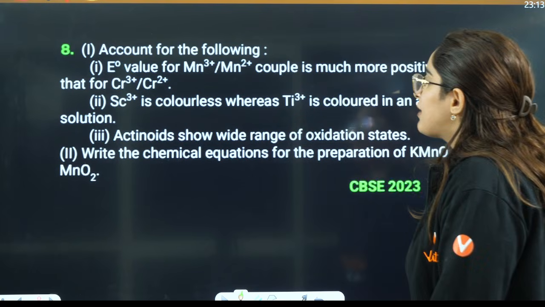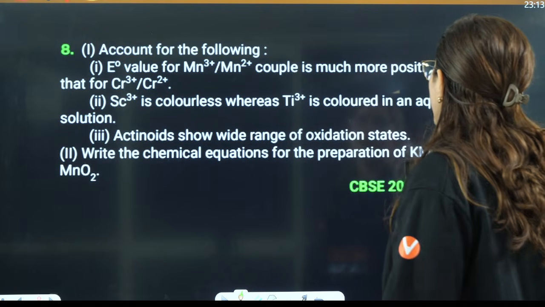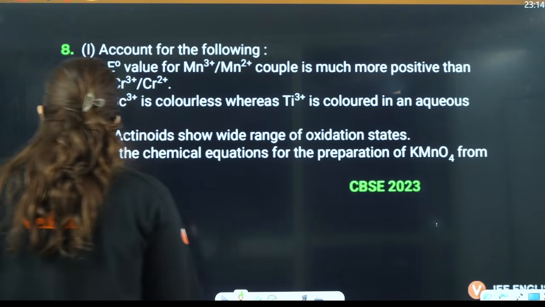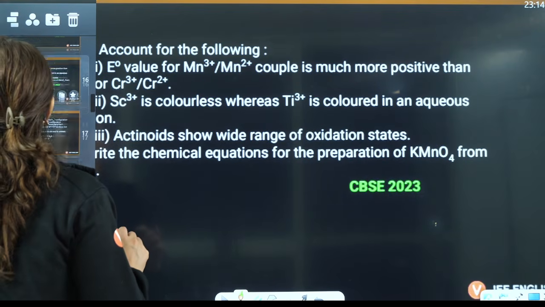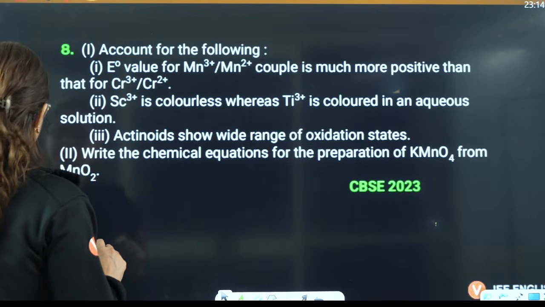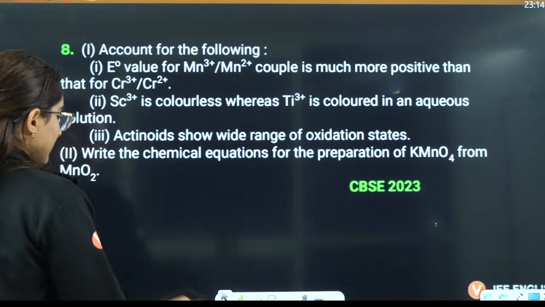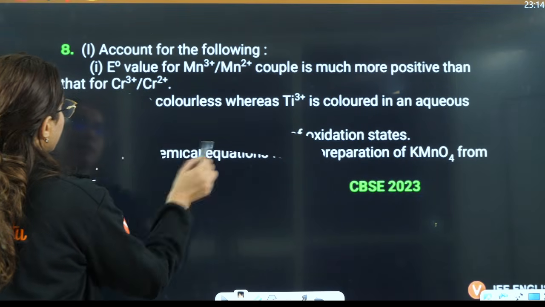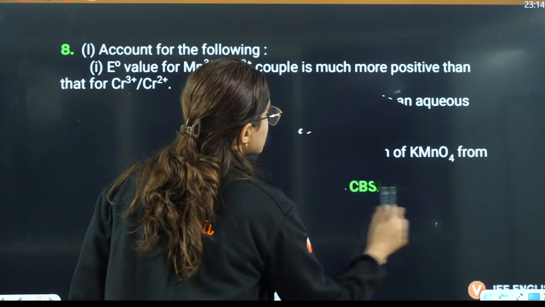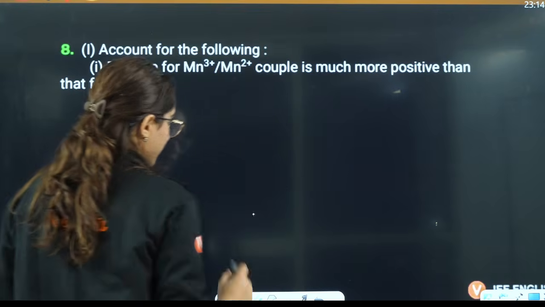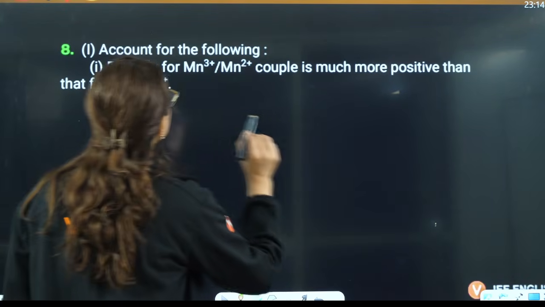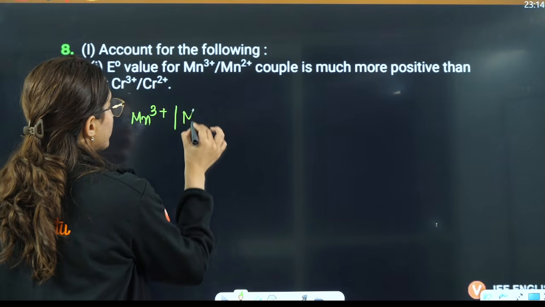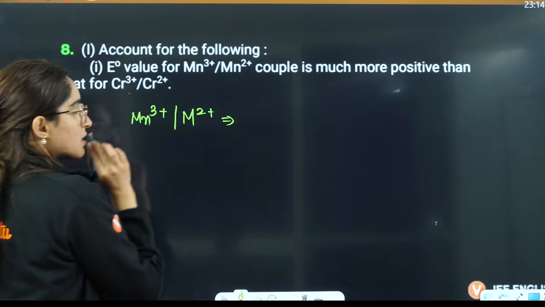Let's see. First is, E naught value of this couple is much more positive. To answer this, you will say that Mn 3 positive to Mn 2 positive is reduction.